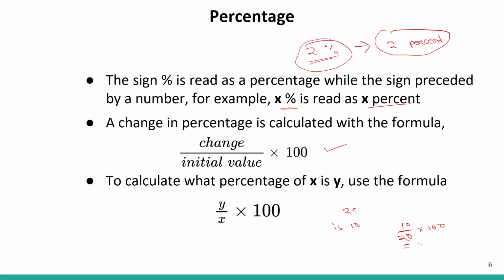So this is nothing but 0.5 into 100, that is equal to 50. So 50% is 10 of 20. Okay, if you have 10 out of 20, then you have 50%.